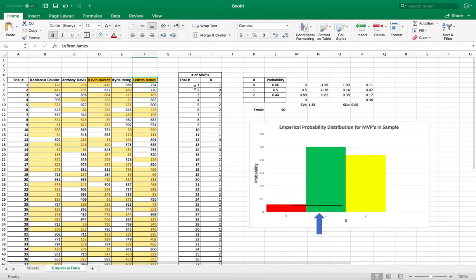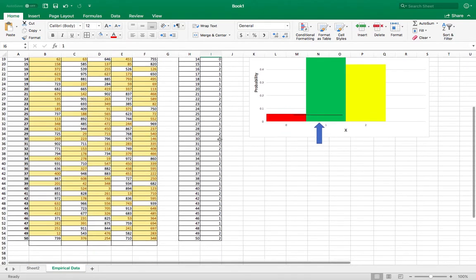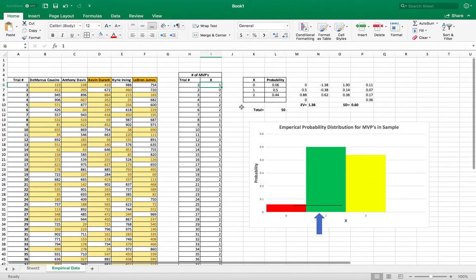Over here, of course, I have the trial number and then how many MVPs were chosen out of each trial. I recorded the data there in that little table. And then over here, I figured out the probability of each one of drawing.